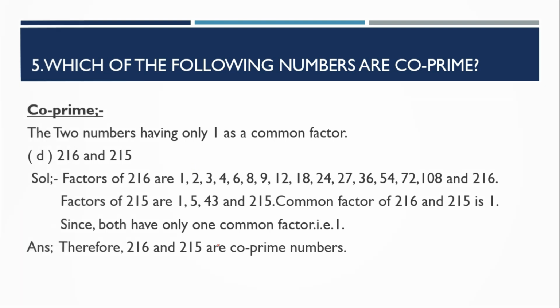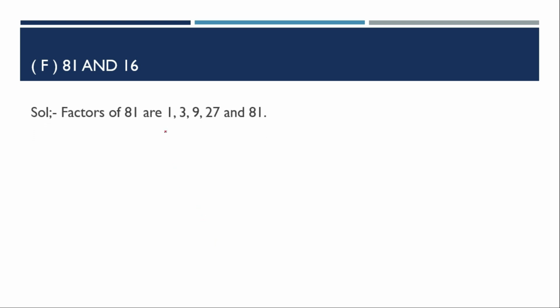Question F. 81 and 16. Factors of 81 are 1, 3, 9, 27 and 81. What are the factors of 16? It's a very small, simple number, right? Okay.